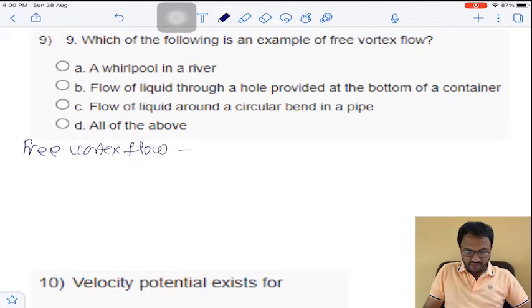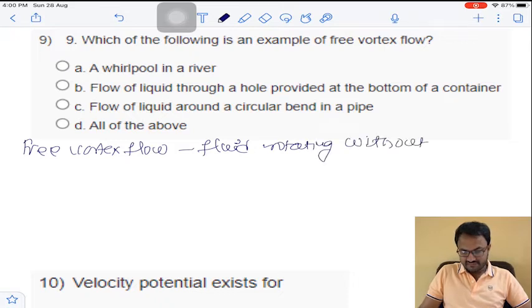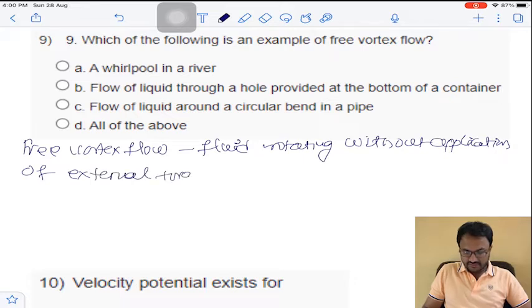Free vortex flow is fluid rotating without application of external torque.